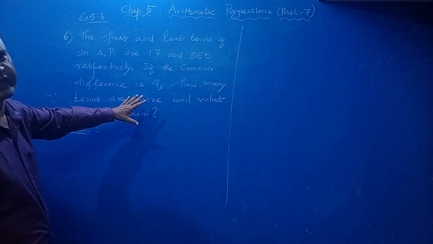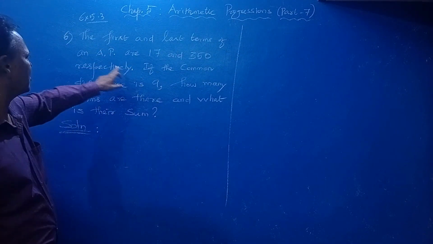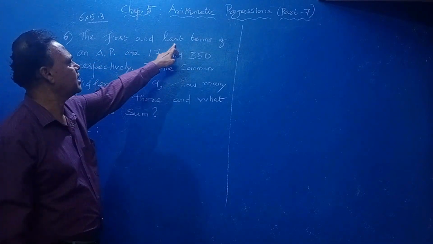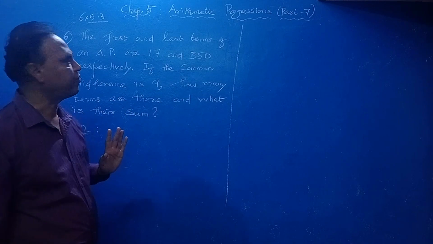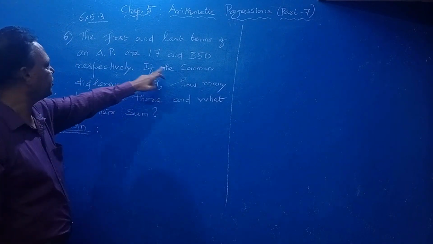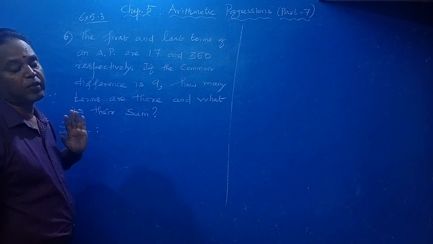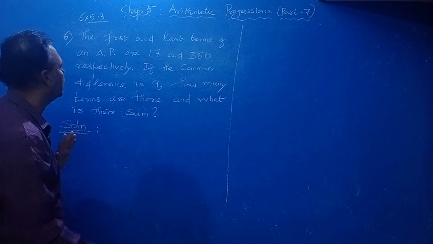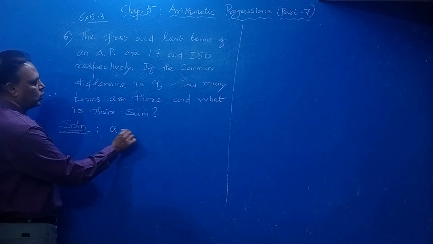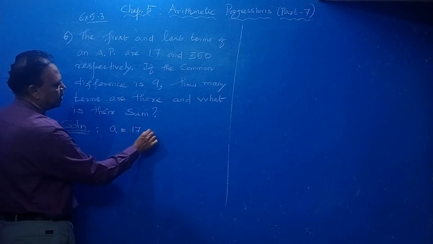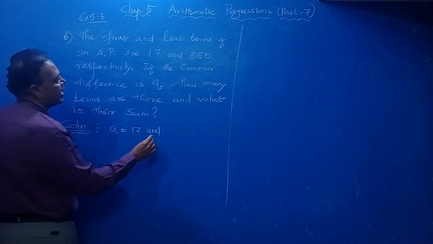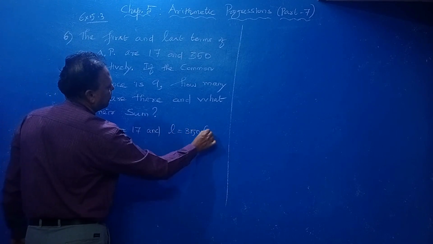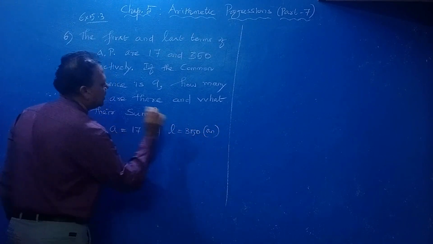Read the problem correctly. The first and last term of an AP are given. First term is 17. Last term is 350. If the common difference is 9, then how many terms are there? So you know A is 17, and the last term AN is 350.